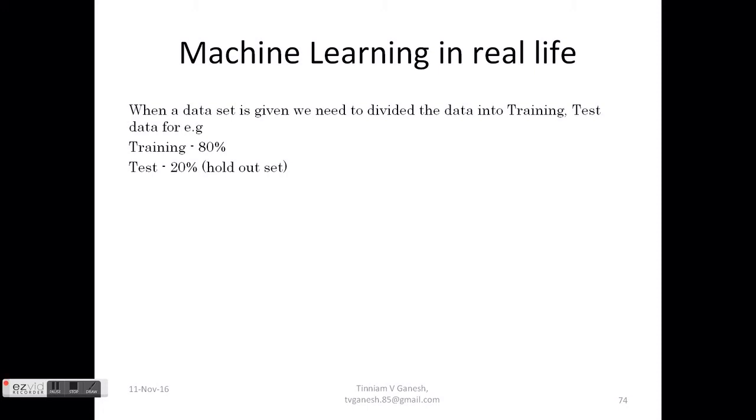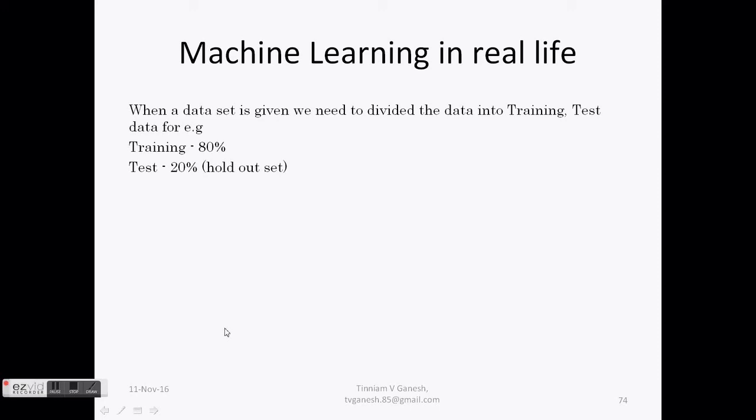When a data set is given, typically we split the data into training and test set. We make 80% our training set and 20% our holdout set. The reason we do that is, if we use some machine learning algorithm on the entire 100%, then it will fit the 100% data very well and will not fit on new data.